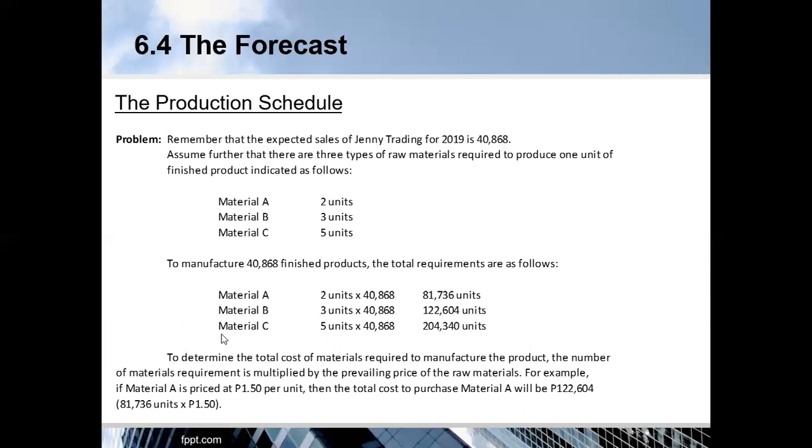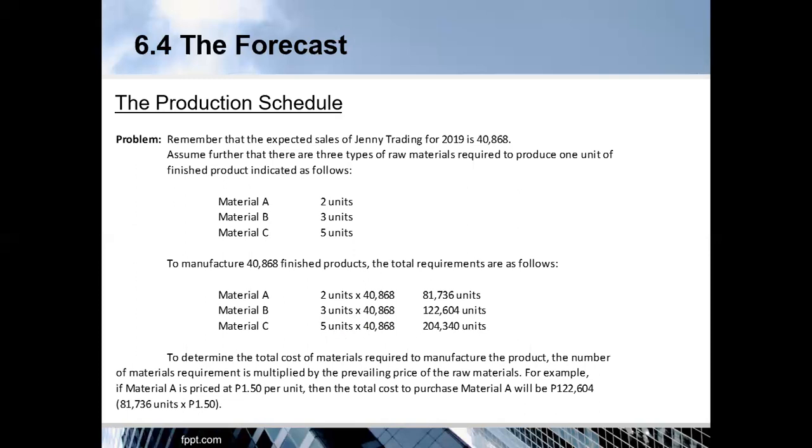Tapos we need to produce 40,868. So yung material A, kailangan natin ng 2 niyan para makapag-produce ng 1 unit, so minumultiply lang siya by 2. Same with the raw material B, kailangan natin ng 3 para makapag-create ng 1 unit.